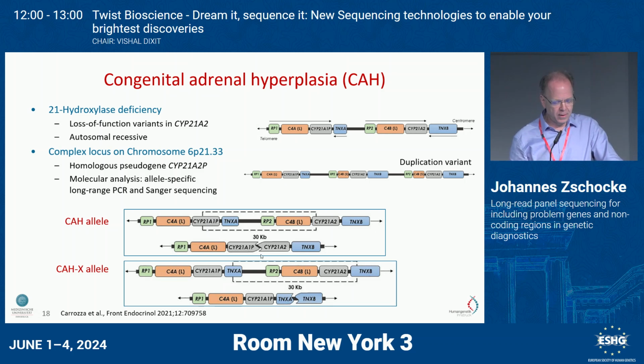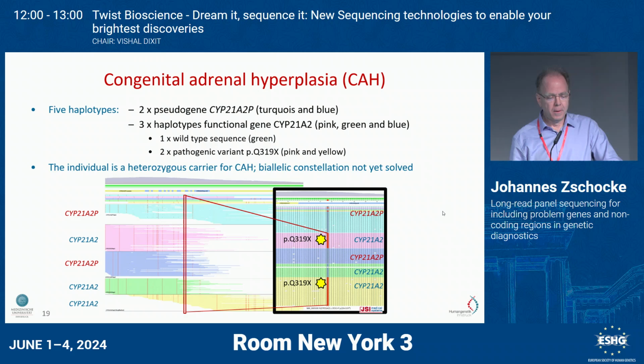You may have a hybrid allele between CYP21 pseudogene and gene, or you have the hybrid allele between the tenascin X genes, which are also interesting for us because they are important for hypermobility and the CAH-X disease. And that's very challenging.